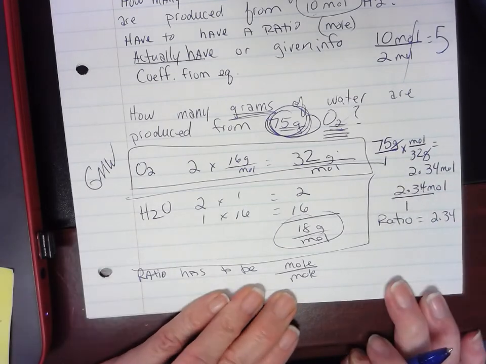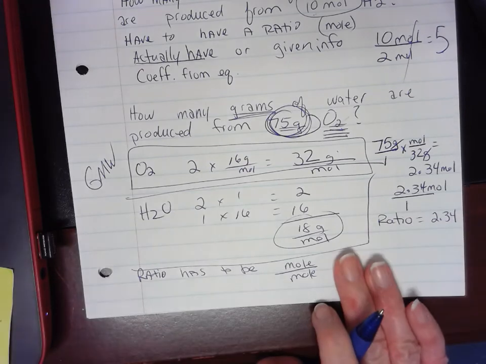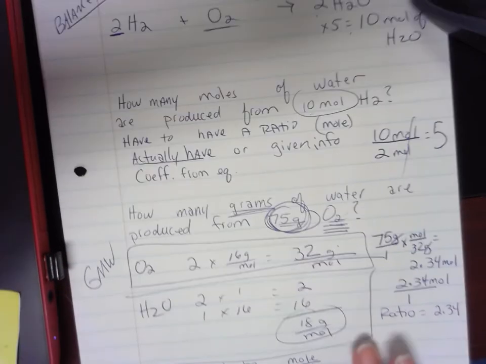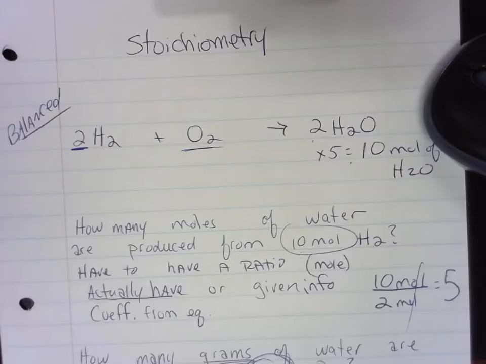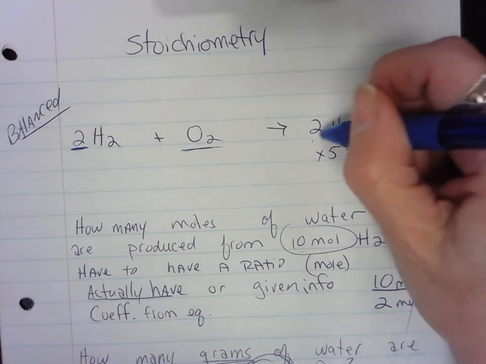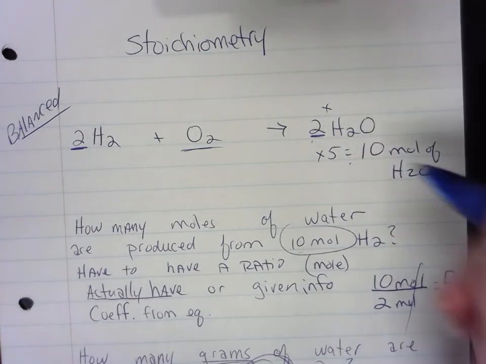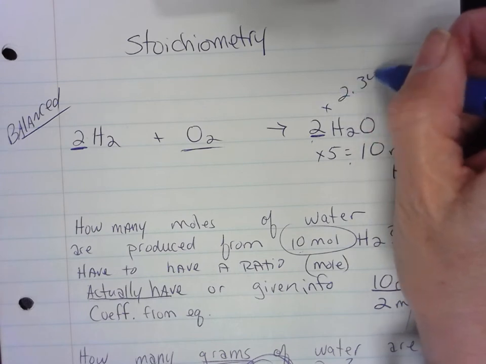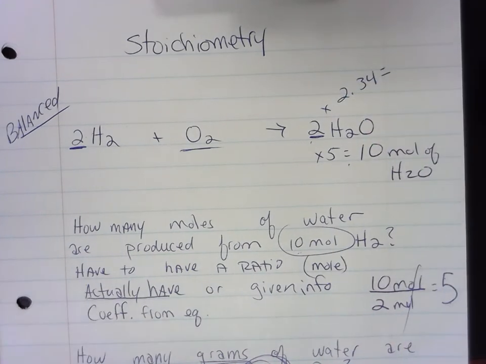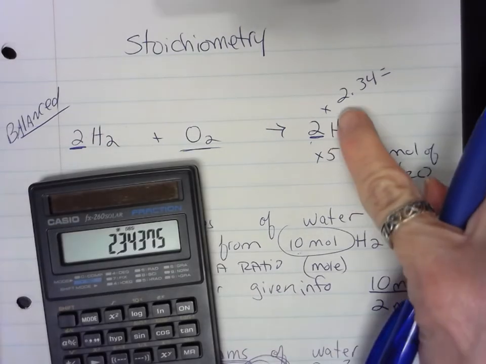So now how much water am I going to get? If I look up here, in this case, I have to take this 2 moles times my ratio, 2.34, and I'm going to make, if everything goes well, 4.68 moles.